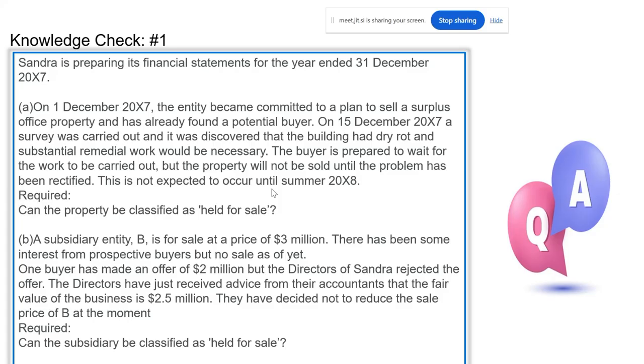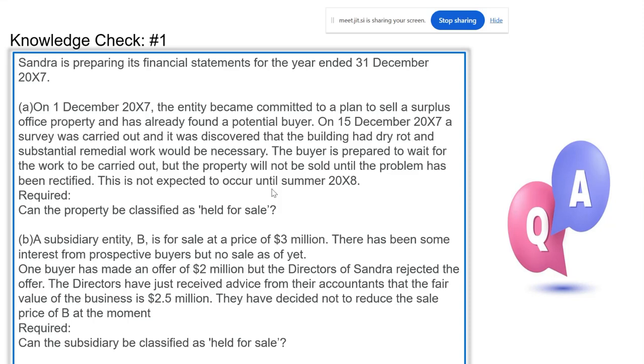The directors have received advice from the accountants that the fair value of the business is $2.5 million. They have decided not to reduce the sale price of B at the moment. Can the subsidiary be classified as held for sale? What do you think?